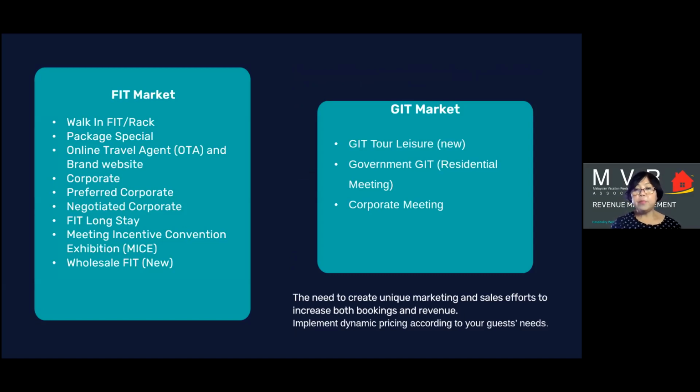Now, market breakdown. For a hotel, they have more breakdown, but for an Airbnb, you maybe have only walk-in, you can do packages, you can do online, which is on OTA and brand website. But I think that you can also create new things like corporate.